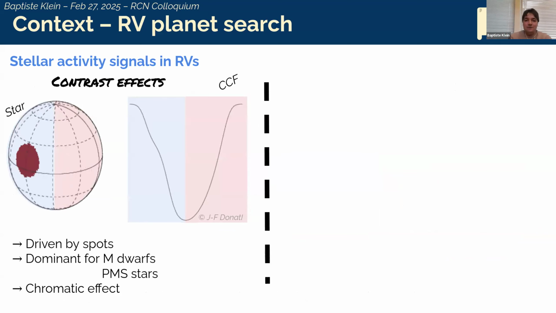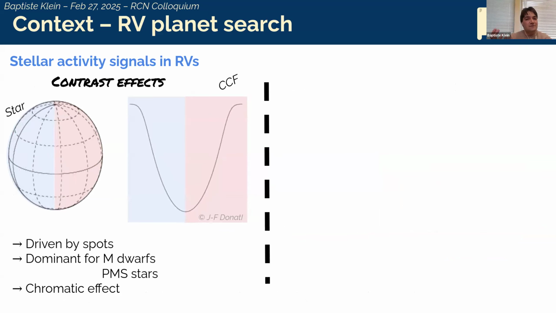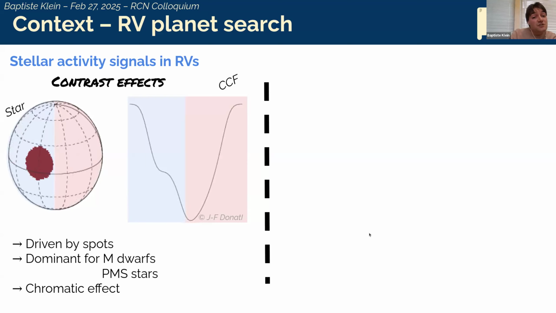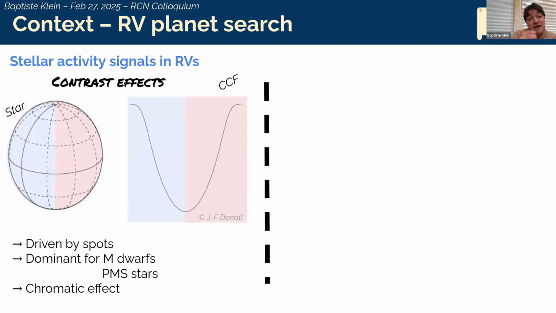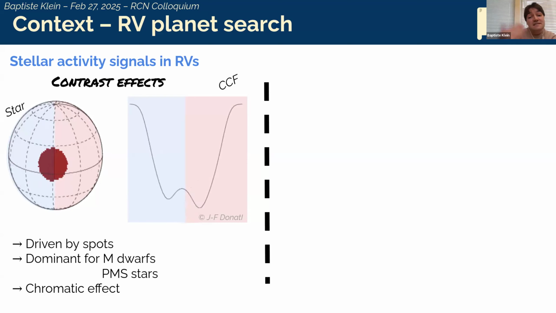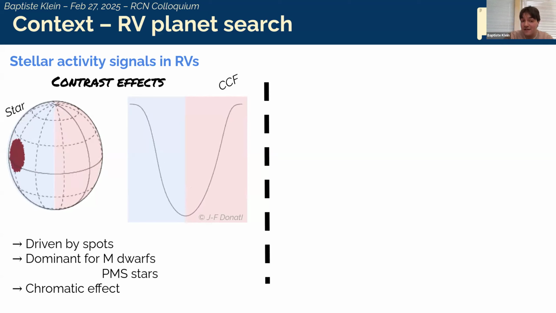In particular, what I'm going to try to handle today is the effect caused by what we call the contrast effect, which is mostly caused by spots. This is just due to the fact that when a spot crosses the stellar disk, it will occult the blue-shifted hemisphere of the star, and then will travel and occult the red-shifted hemisphere. So this distorts your stellar absorption line and modifies the center of gravity of this line, and therefore modifies your RV content.